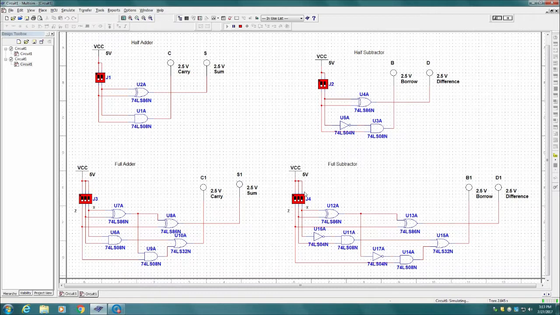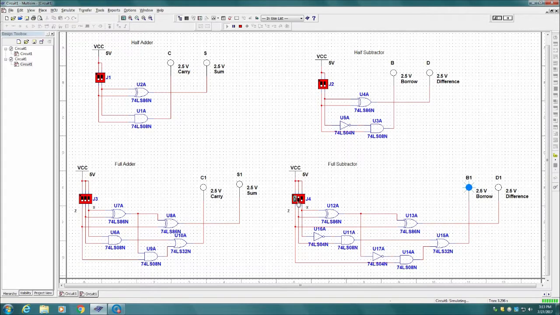For the subtraction, the circuit will take 3 inputs, X, Y, and Z, and produce 2 outputs, difference D and borrow B. Here we are doing the operation X minus Y minus Z. When X equals 0, Y equals 0, Z equals 0, then D equals 0 and B equals 0.